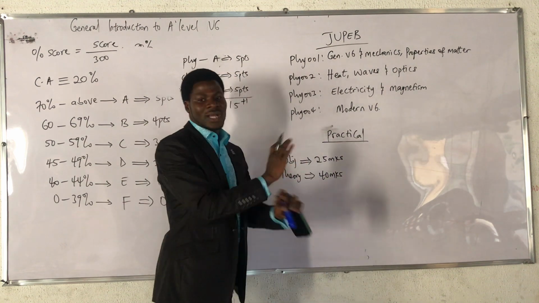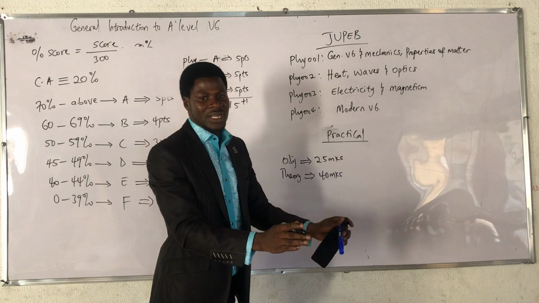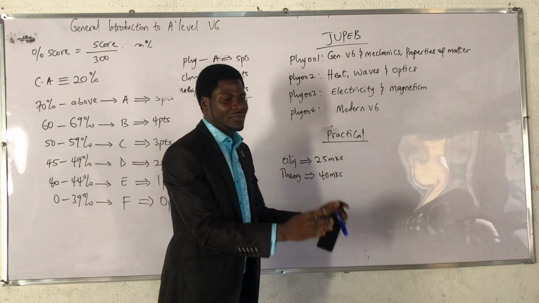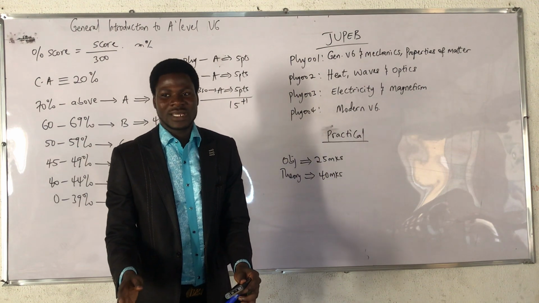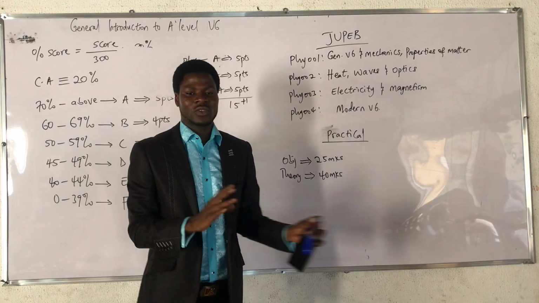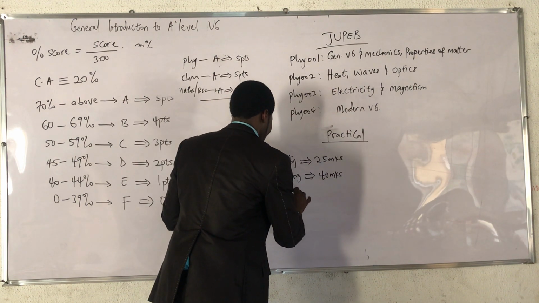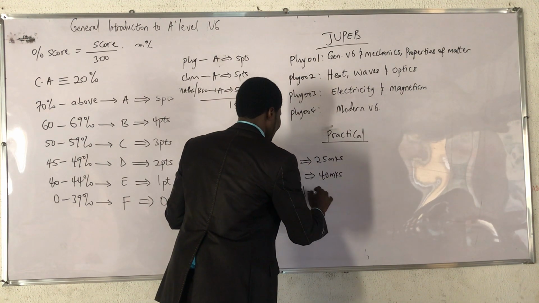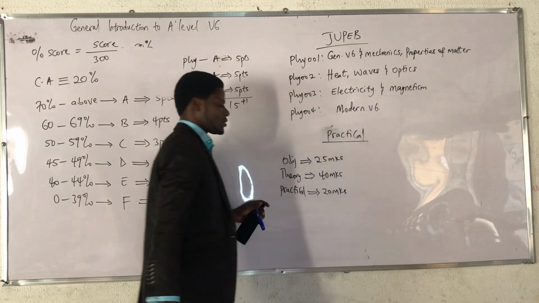Practical is just 2 questions. You answer all the 2. Carry out the experiment yourself, get your readings for the first question, come to the second one, carry out the experiment, get your readings, plot the graph for the 2 of them. Right? So, practical. So that's 20 marks.